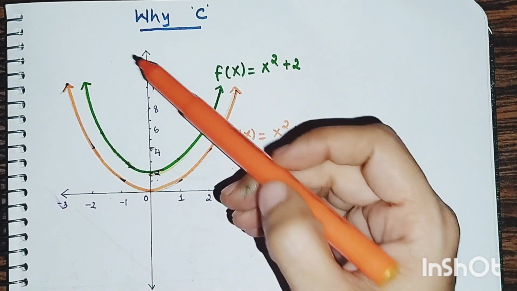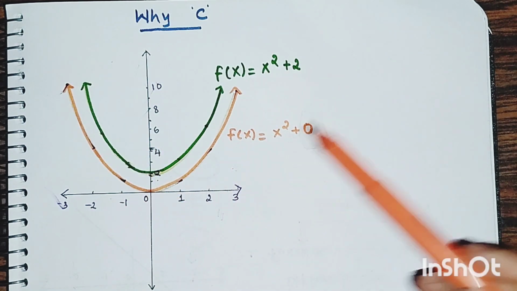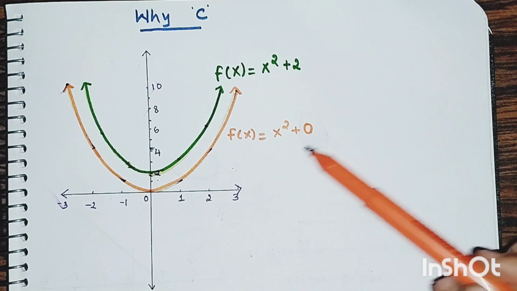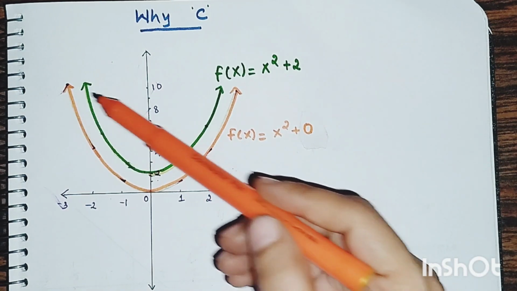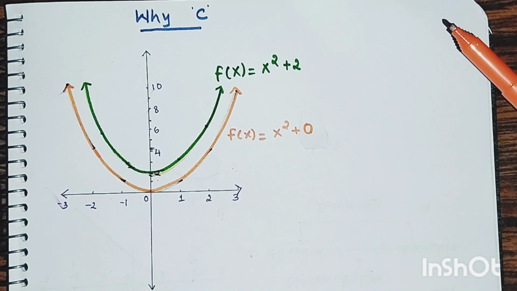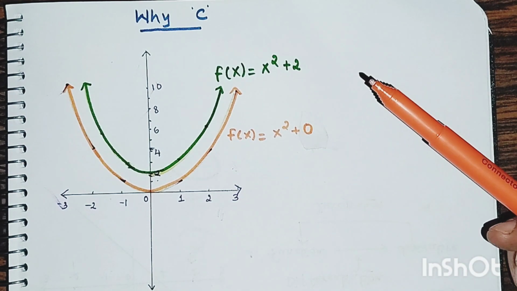So here I've taken a graph. This orange one is f of x is equal to x square, or we can also write x square plus 0, no harm. Next, another graph, f of x is equal to x square plus 2. So these two are parabolas.